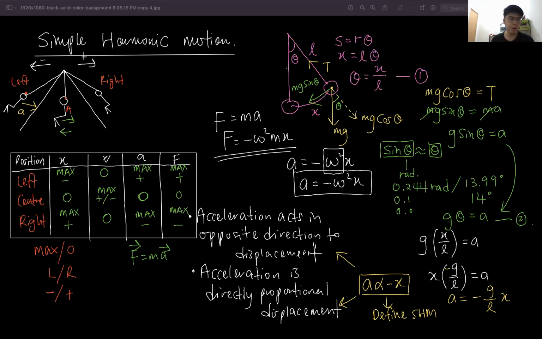Right, so it shows all the changes of displacement, velocity, acceleration, and force in a simple harmonic motion. Next, we will look at the graph part, the graphical representation of the 4 quantities here.